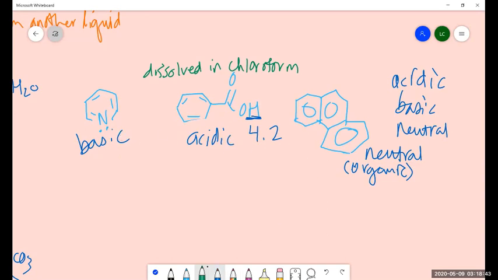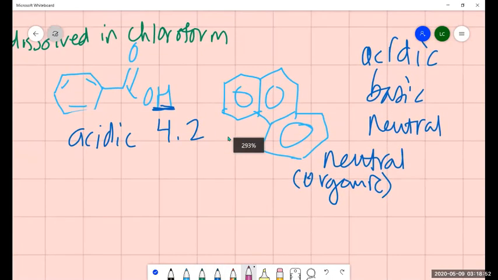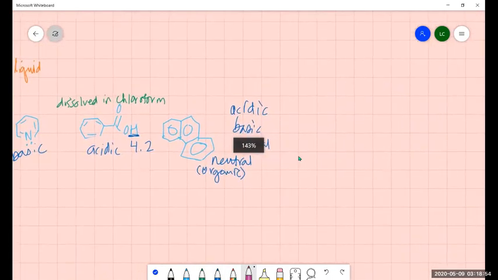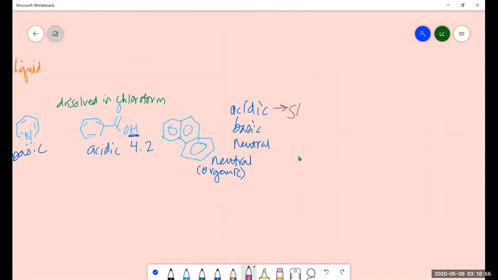If you had 2 acids or 2 bases, usually the basicity and acidities have to be different, so you would separate off of that. Basically, you could have a strong acid plus a weak acid, and neutral. That's another possibility. Or you could have a strong base, a weak base with neutral.